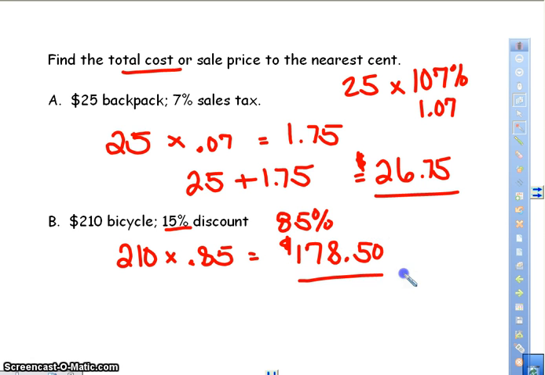Okay, and this would be my sale price. If you prefer to multiply by 0.15 to get your discount and subtract from $210, that would give you the same amount. So that's perfectly fine. This way is a little faster, which is why I use it, but it's completely up to you. Both are correct.